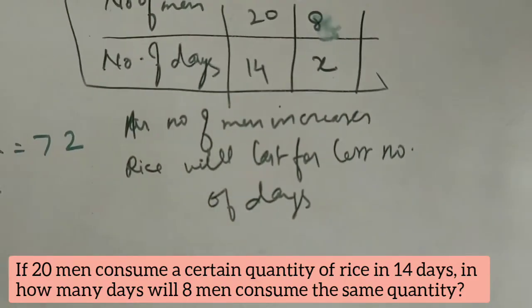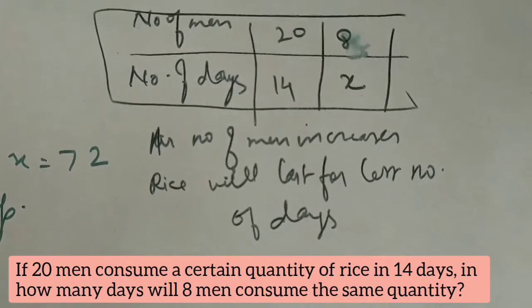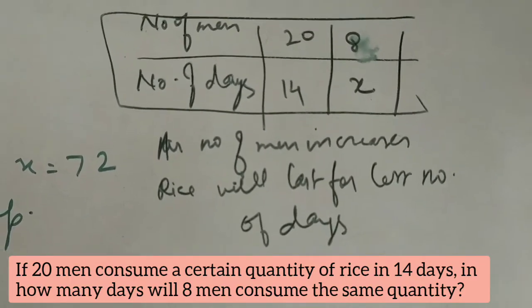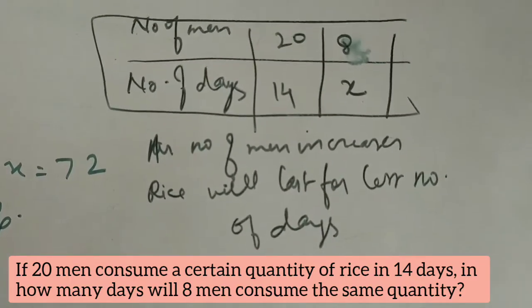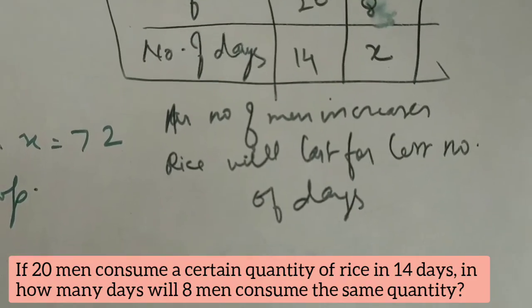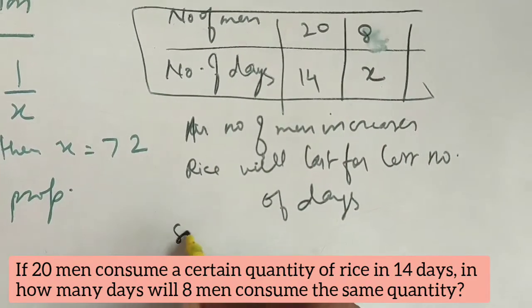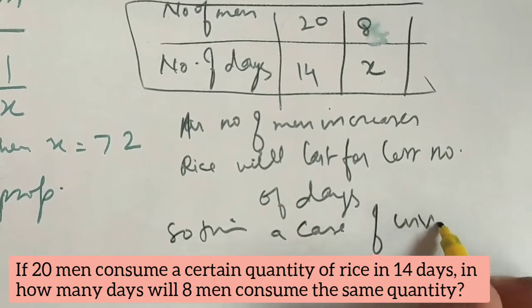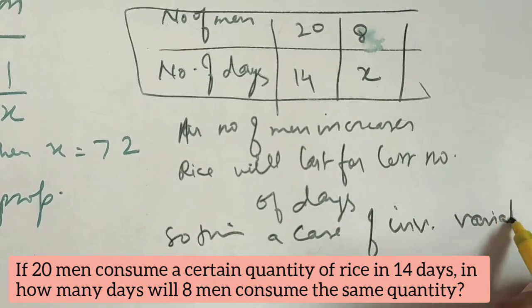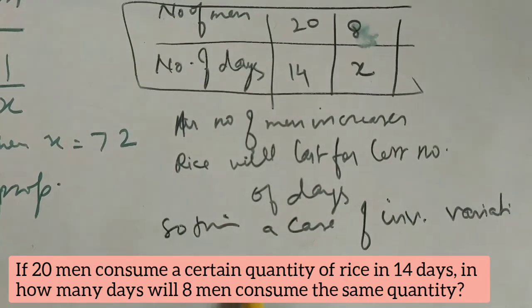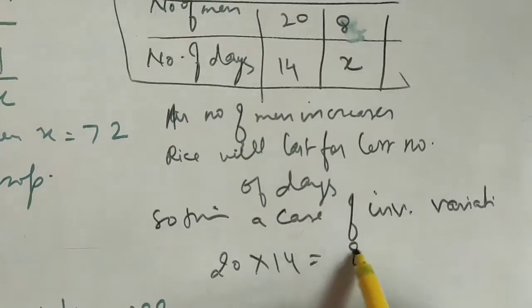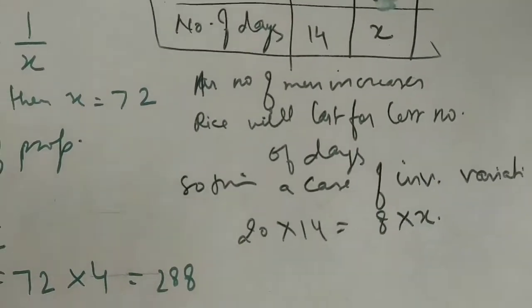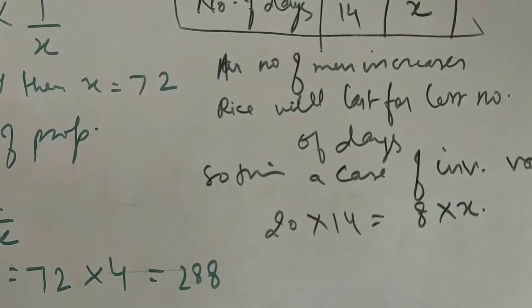Got it? If the number of men increases, then the consumption will increase and hence the stock of rice will last for a lesser number of days. So this is a case of inverse variation. And if it is inverse variation, it means 20 into 14 should be equal to 8 into x, and we can find out x.